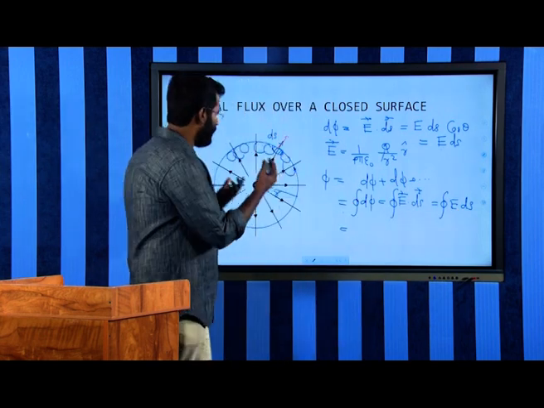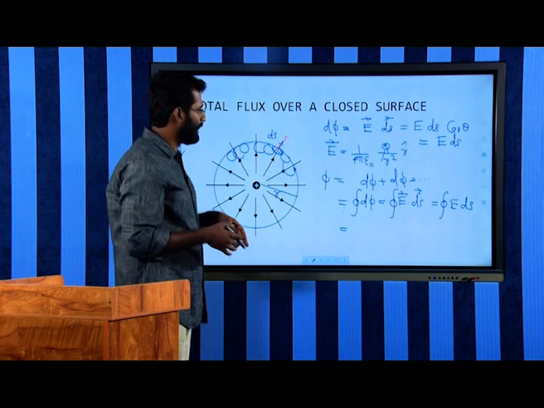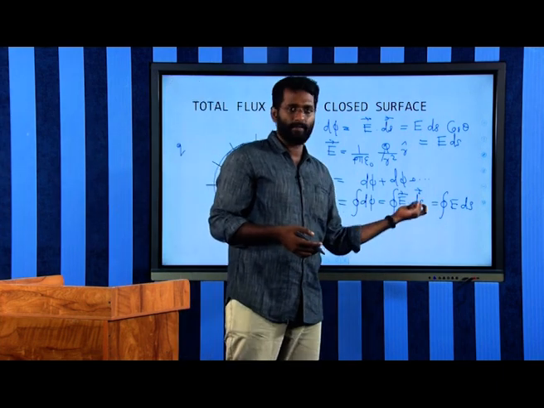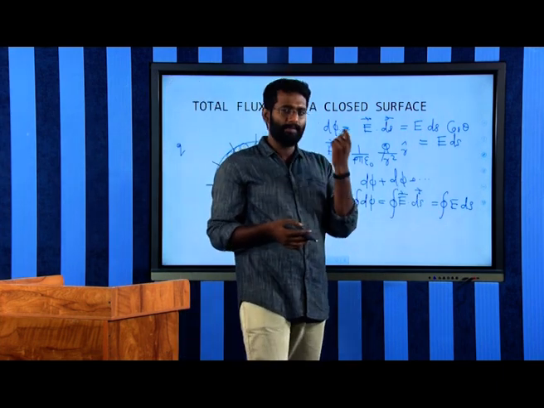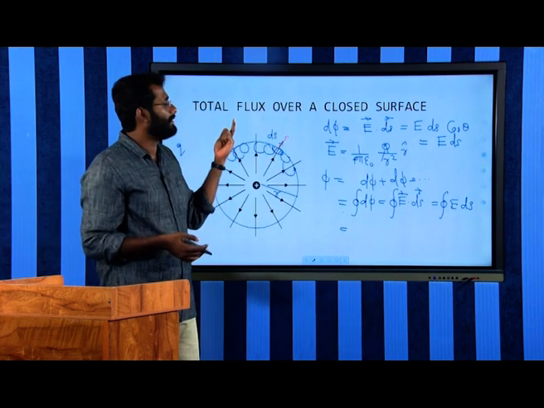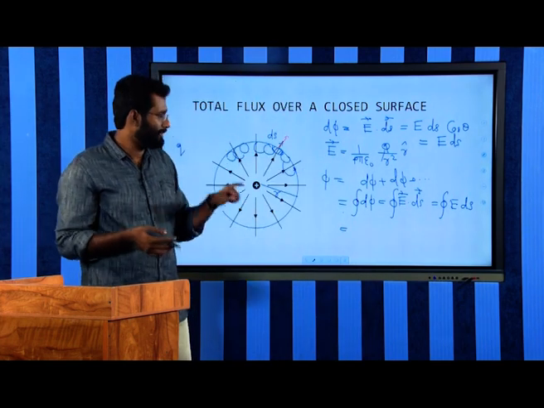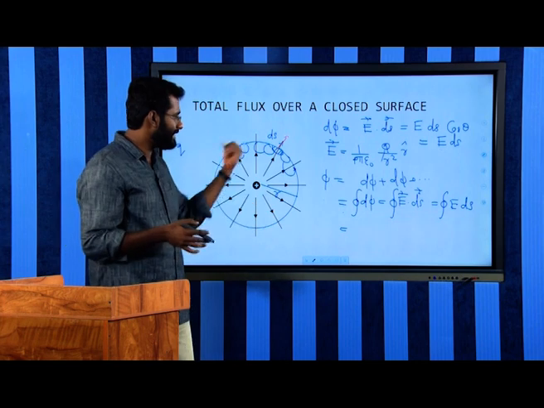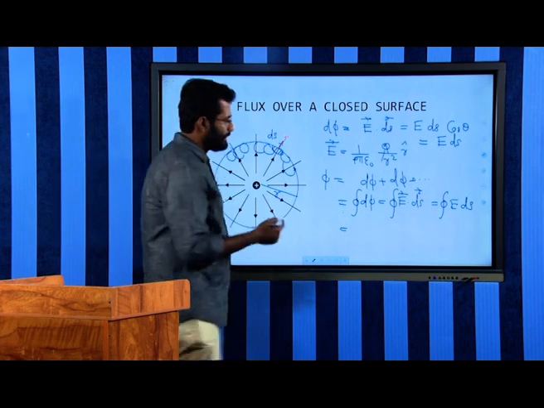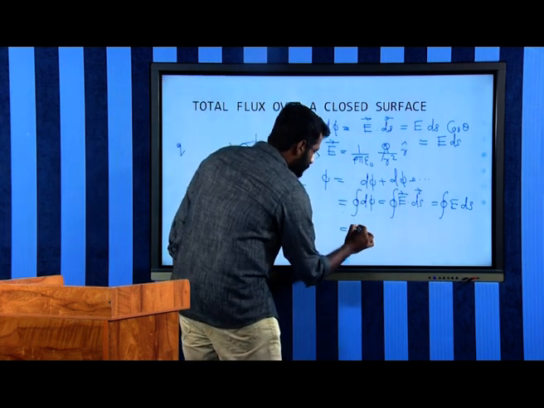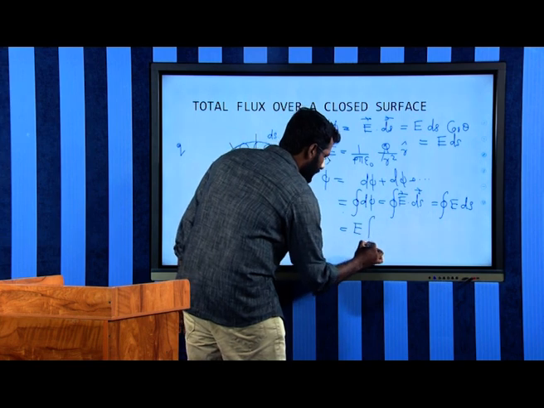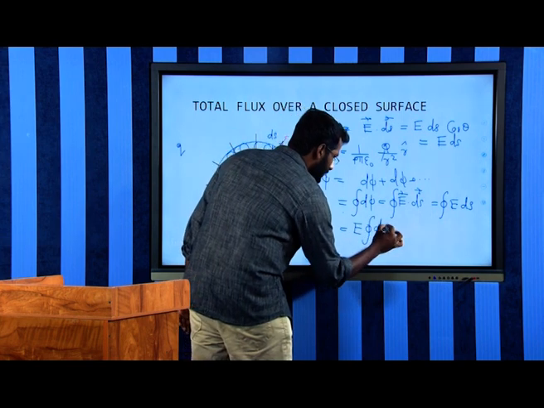If it is some other random surface, we cannot easily take it outside. That is something we have to consider when calculating the total flux, and we will deal with it later. The importance of this spherical shape will be dealt with later. So taking E outside, E ds.